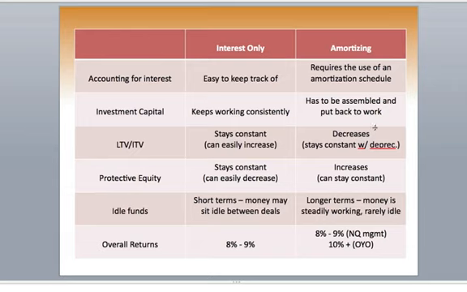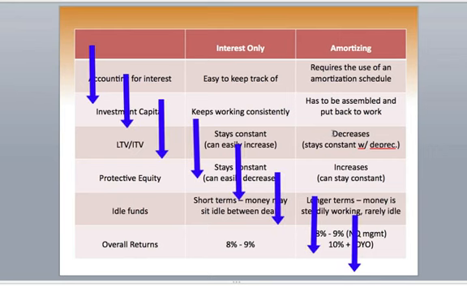Whereas with amortizing discounted notes, your ITV decreases month to month. That means with every payment, since you're getting some of your principal back, your investment to value is actually going down.